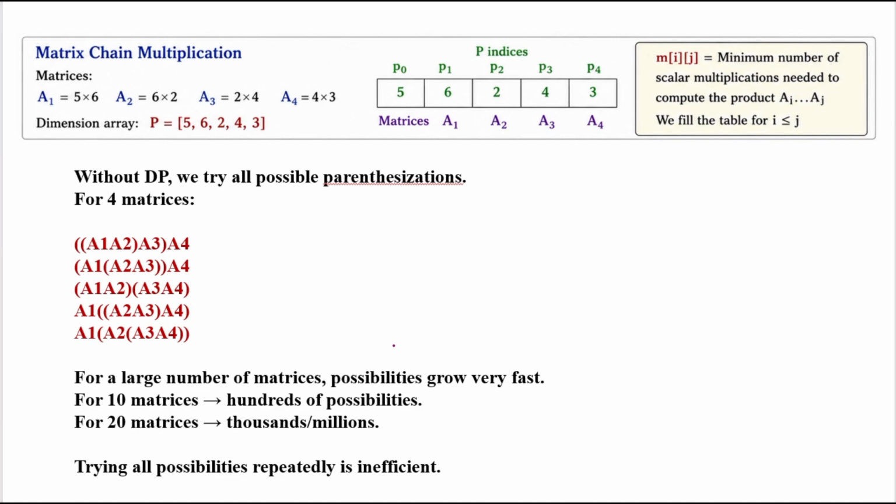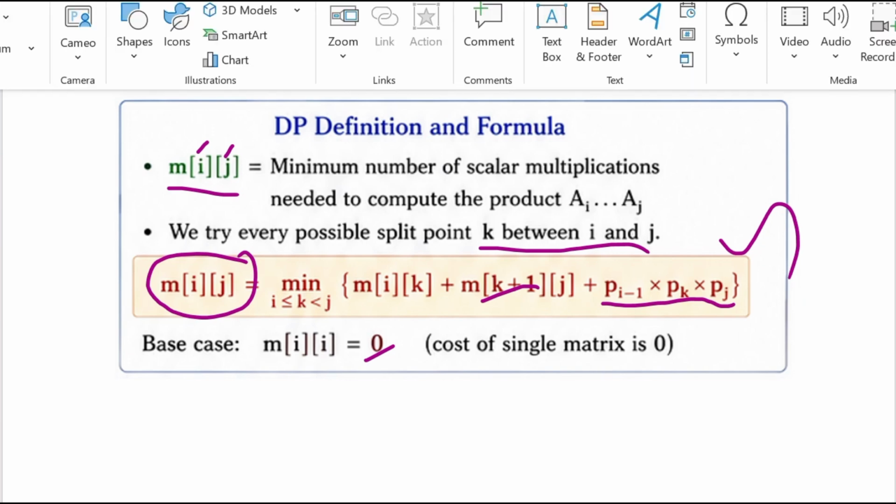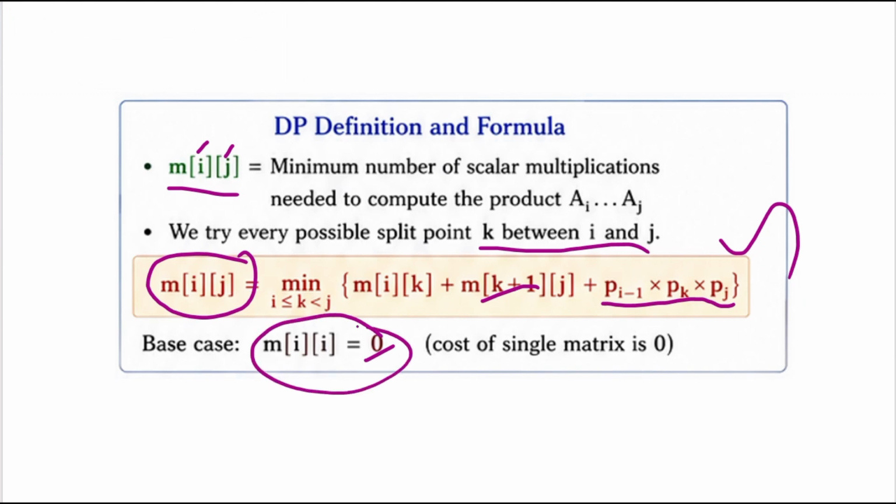Multiplying a matrix with itself violates that rule. So we cannot perform the multiplication on the same matrix. So the base case is 0 here. The cost of a single matrix is 0.